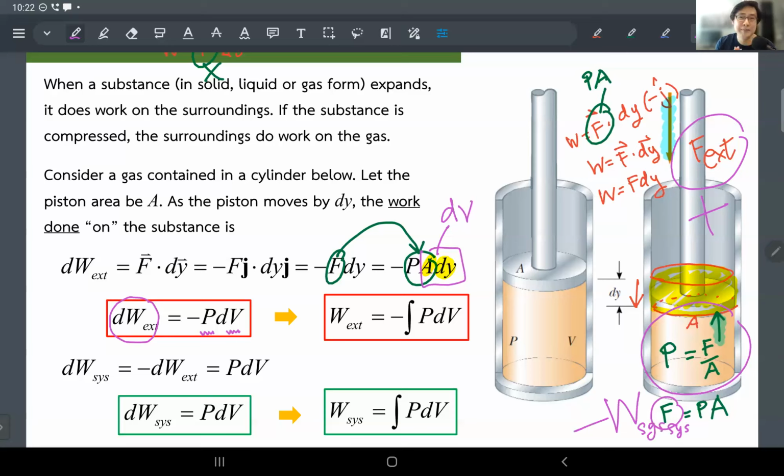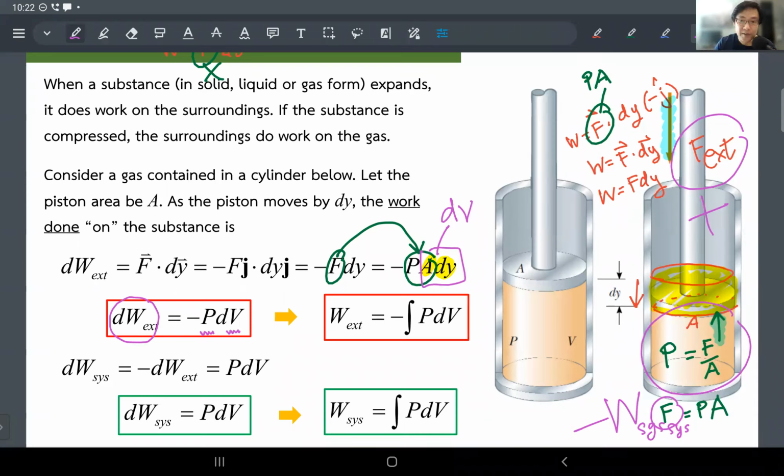You guys with me? This is the most confusing part at this point, but once you're done with this, I think you're done. So what I'm trying to say is, whenever the external force is doing positive work, it means the system is doing negative work.